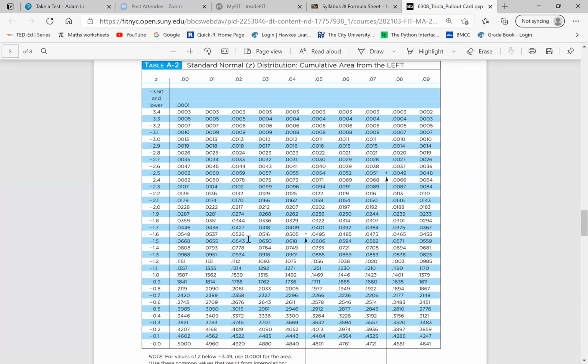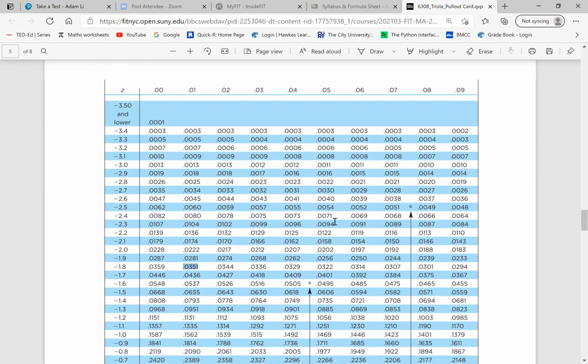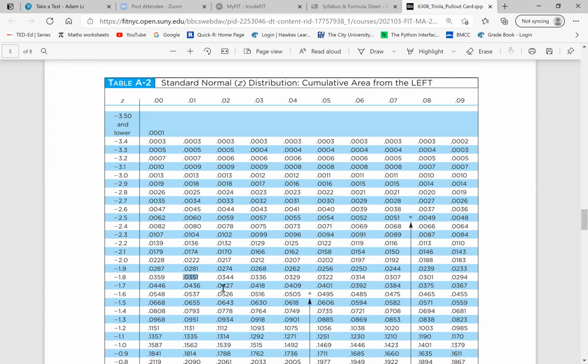And let's see what the closest value is. Here we go. This is the closest value, 0.0351. Ours is 0.035, and this is the closest you can get. So it's -1.81. So the critical z-score here is -1.81.